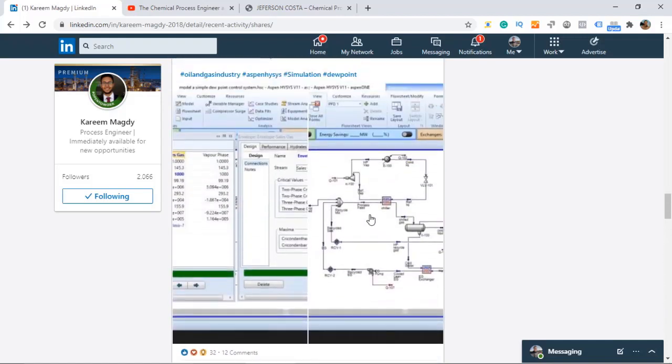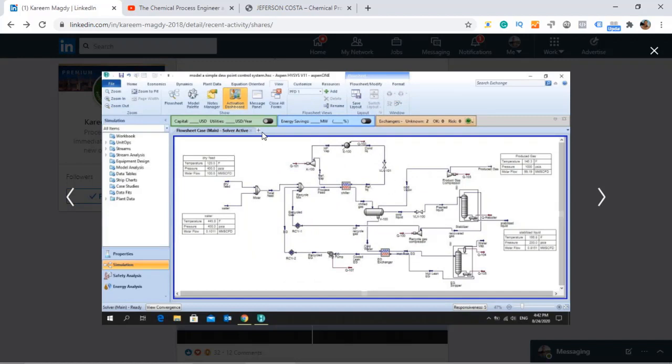But just to take a look at his process simulation, here you can see the overview of the dew point control system. We have a dry gas that is mixed with water to saturate this stream, and it passes through a heat exchanger. In fact, it is an LNG object in Aspen HYSYS to decrease the temperature, and then a three-phase vessel separator, and the gas phase goes to the compressor where it is compressed to 1000 psi.